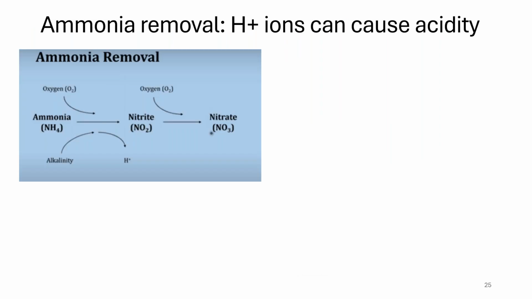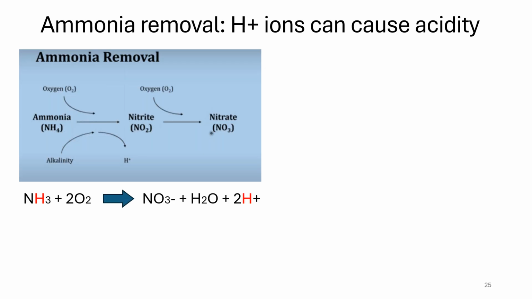You see the ammonia on the left-hand side of the screen, and you'll see ammonia as NH3 or NH4. The NH4 is the ionized version, the ionic version of ammonia, but it works the same with both. As you oxidize ammonia to nitrate, you see there's an H plus that comes off of that.